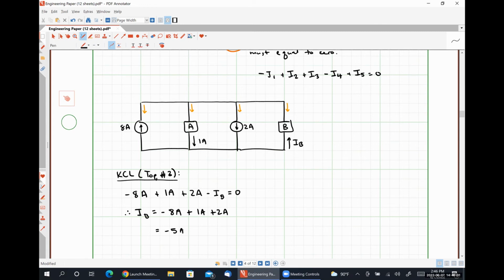Much like what we observed with Kirchhoff's voltage law, we can also use Kirchhoff's current law and Ohm's law in combination to perform a little bit more of a complex analysis.